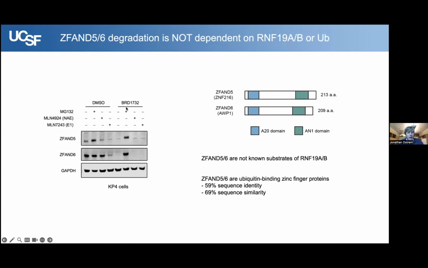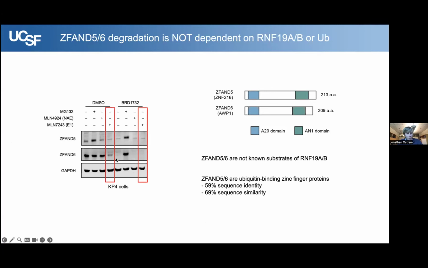What was interesting to us is that their loss, on the one hand, is prevented by co-treatment with a proteasome inhibitor, MG132. So this is true degradation by the proteasome. But what you notice here is that if we co-treat with an E1 ligase inhibitor, MLN7243, degradation is not prevented, meaning that this is ubiquitin-independent proteasomal degradation that's induced by 1732.